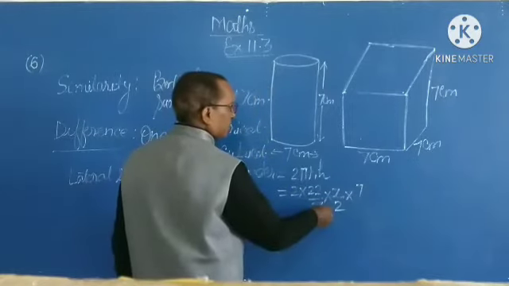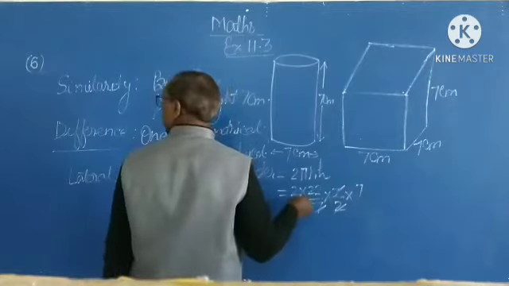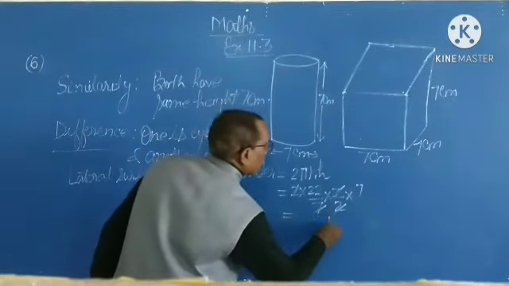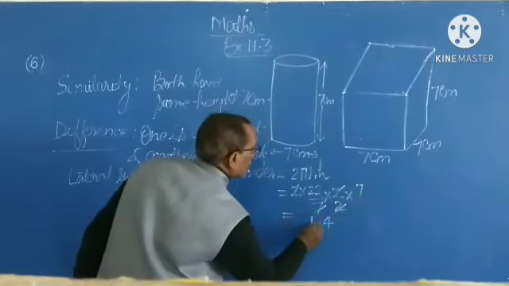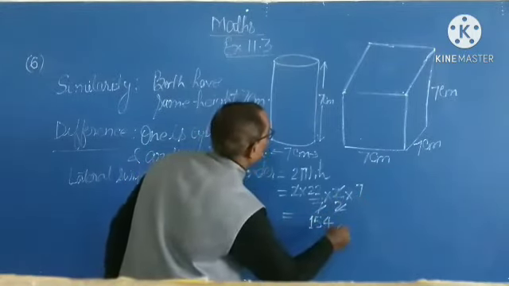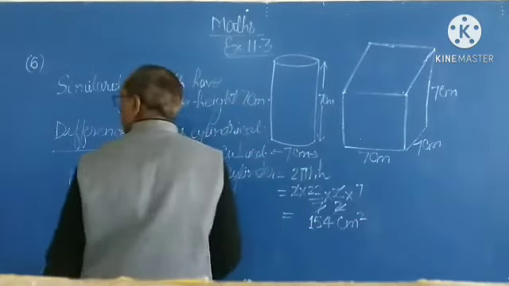You cancel it. 7 is cancelled by 7 and 2 is cancelled by 2. You get 22 into 7, that is 154 centimeter square.